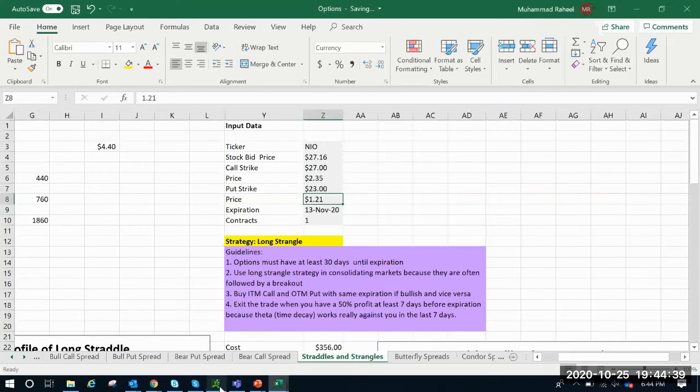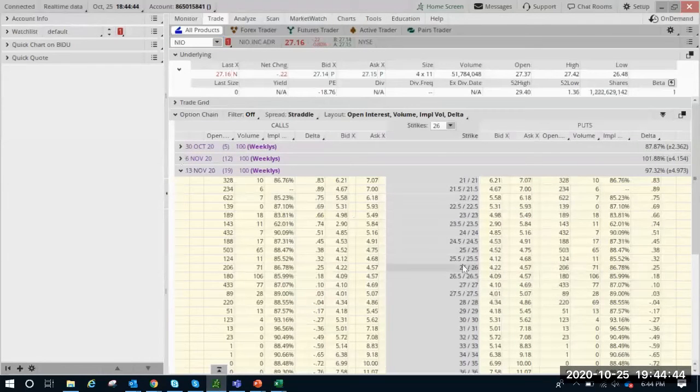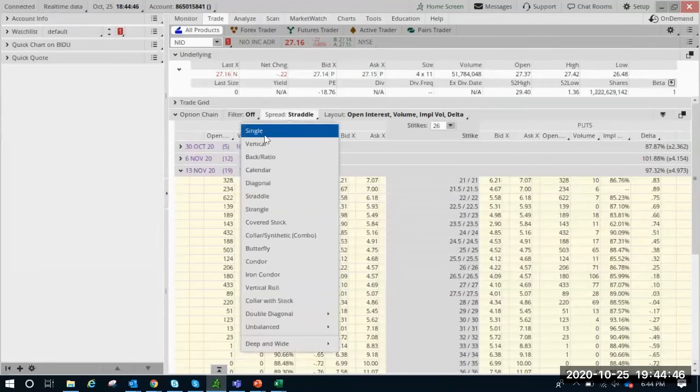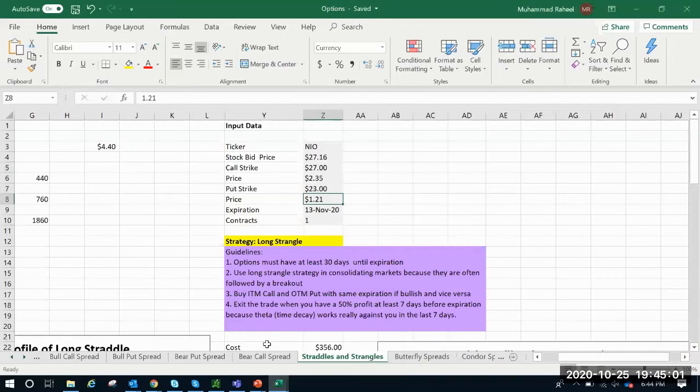The 23 NEO put of the 30th is going to be really cheap, just $60, and protects you for a very adverse move. I selected 25, so that was 121, and that's why that number is there. But you could select anything. It depends on how you want to play it, right?